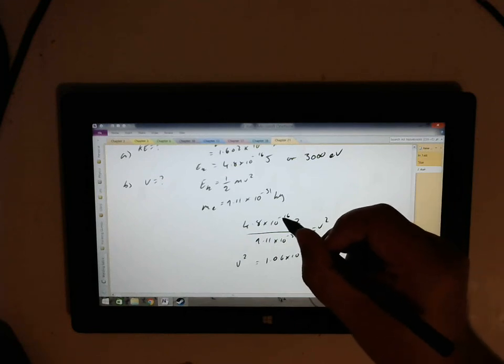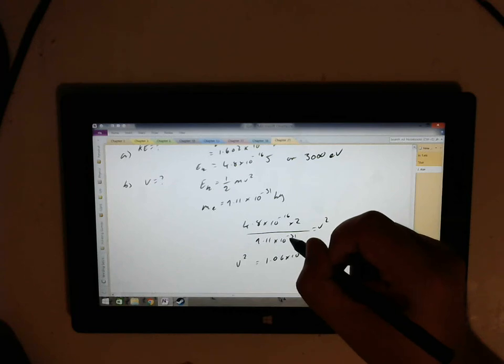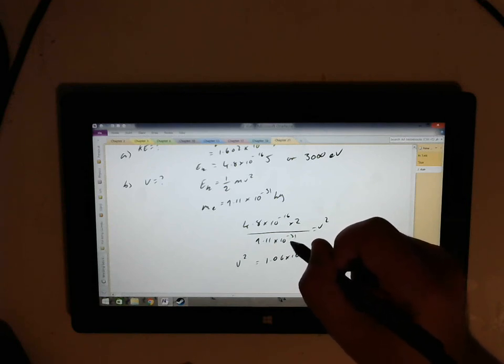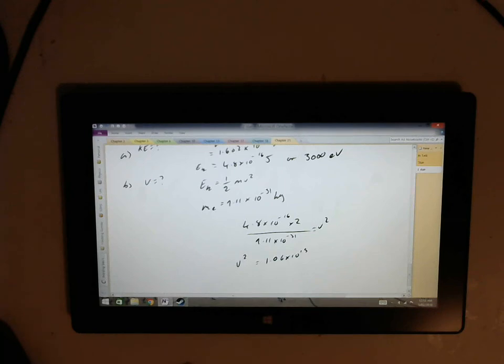So even though this number is a small number, it's a very small amount of joules, it has 31 zeros before it. So it's a millionth of a billionth of a percent of the first value there.